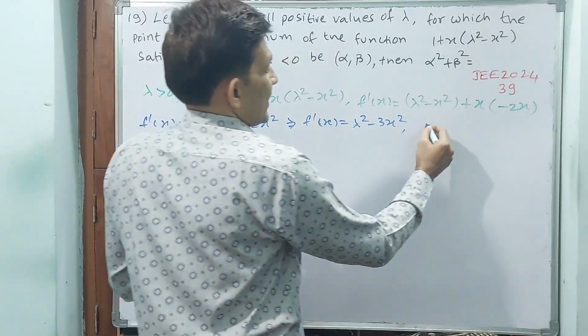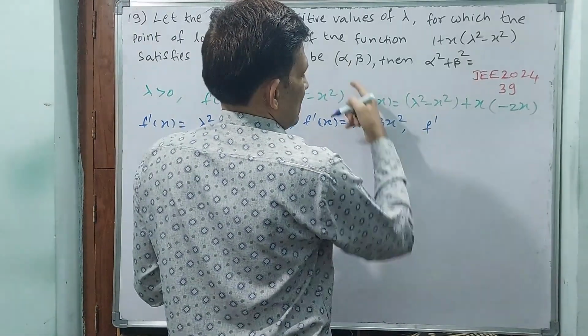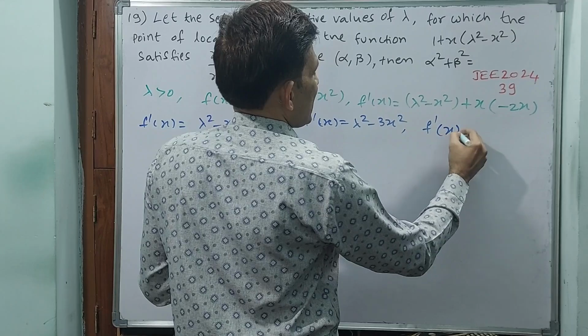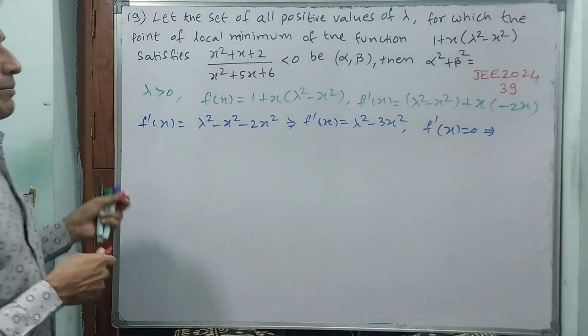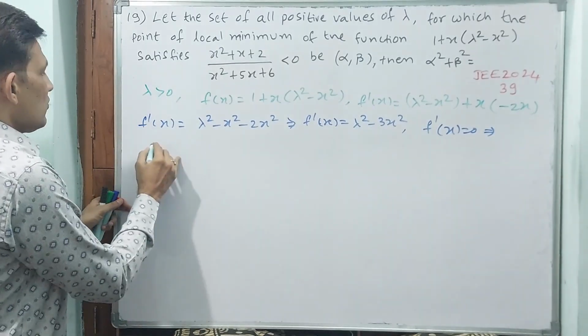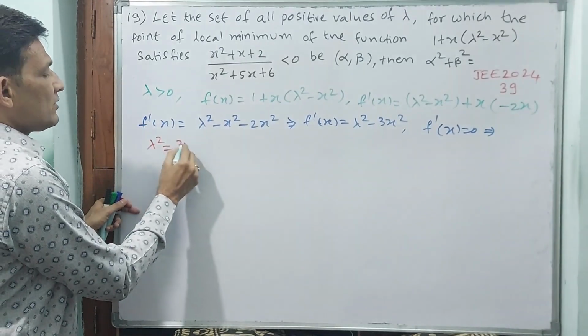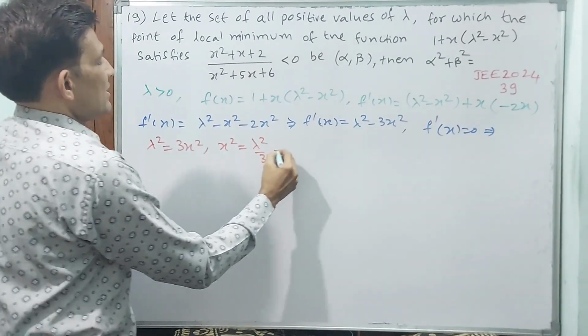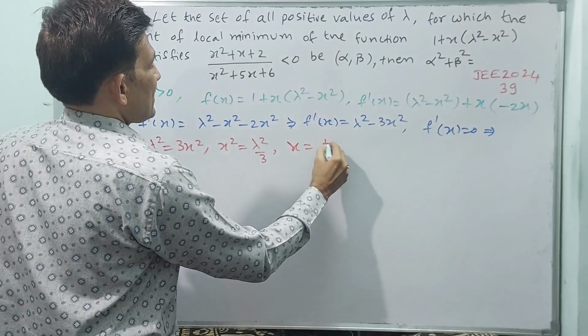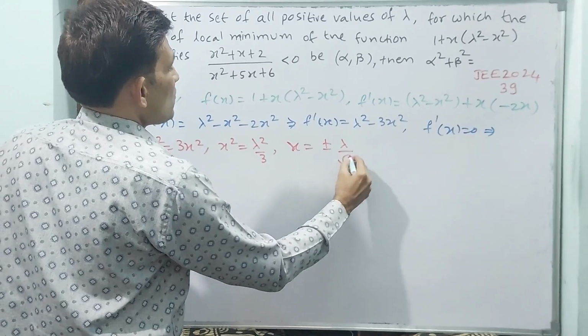For critical points we make f dash x equal to 0. Then lambda square is equal to 3x square, x square is equal to lambda square by 3, so x is equal to plus or minus lambda by root 3.